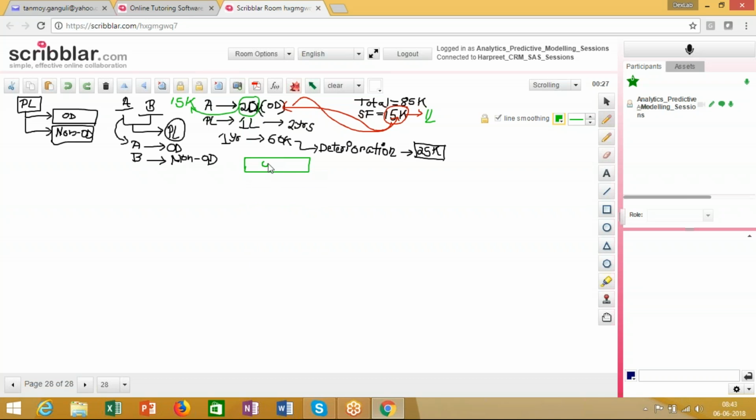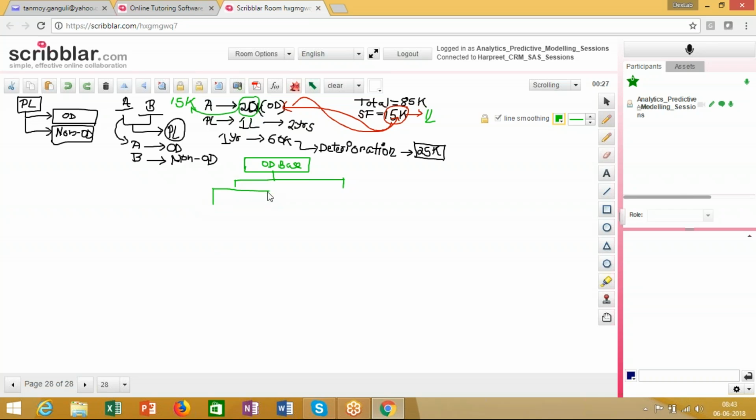So this is my OD base. This is a base of accounts which contains overdrafts. Within the OD base, there can be two kinds of sub risk classifications.